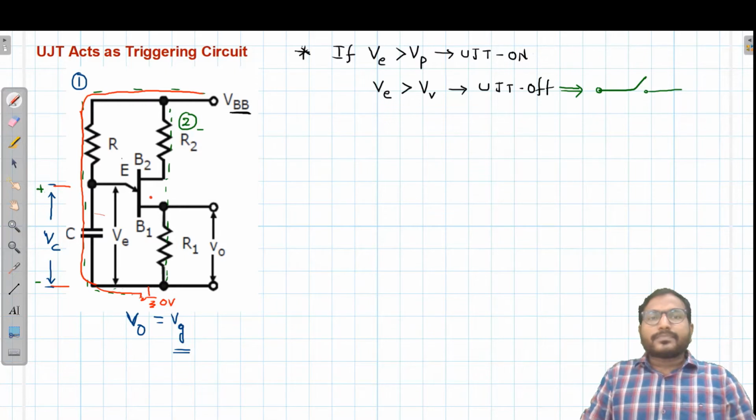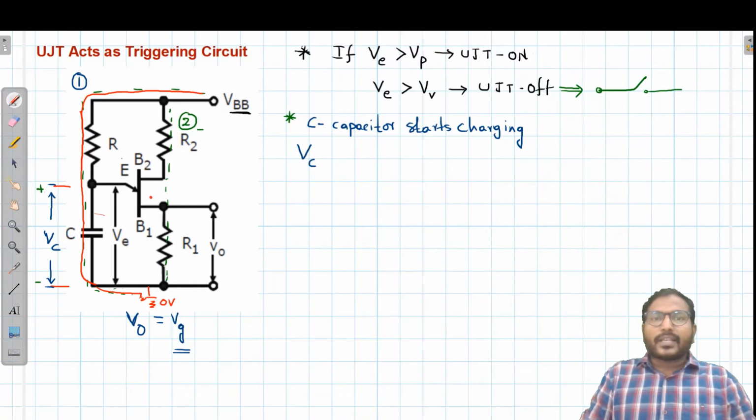The capacitor charges with a time constant tau 1 equal to R times C, where R is the resistance in the charging path and C is the capacitor value.